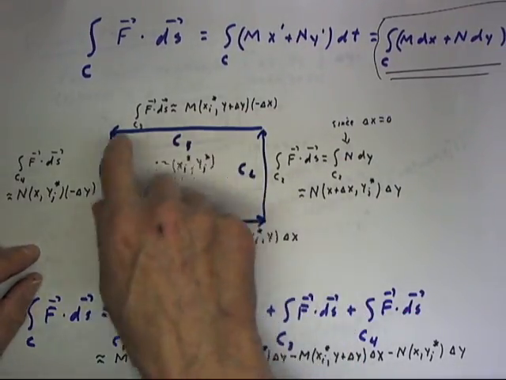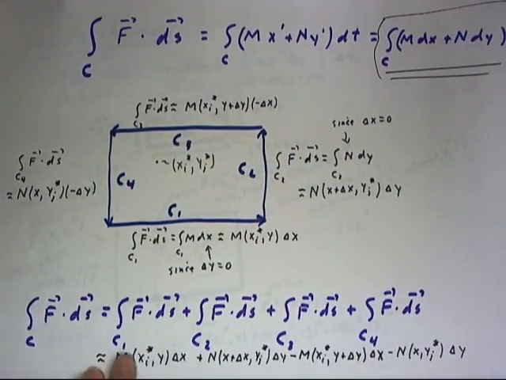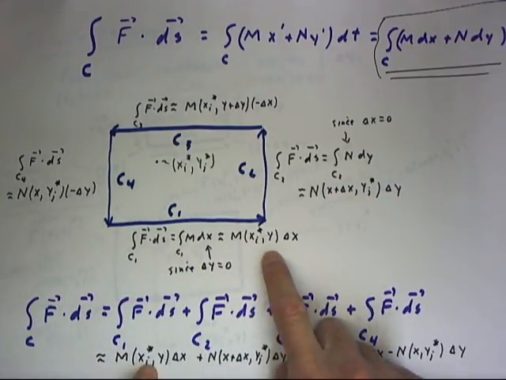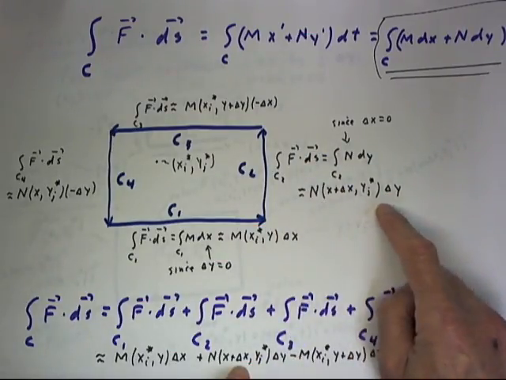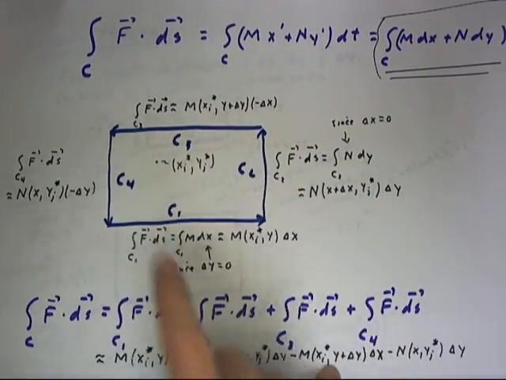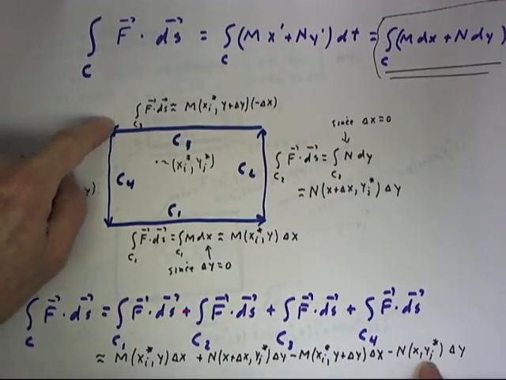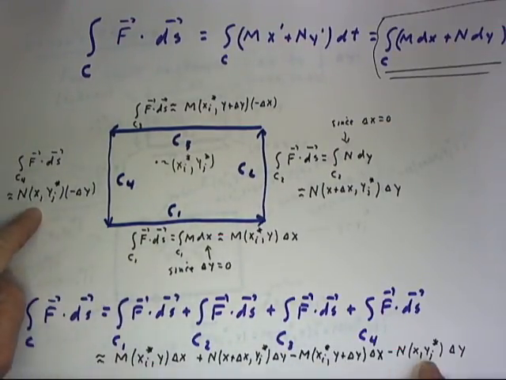Using these approximations, we can write down our approximations to the integral of f dot ds over the curve. And here we just have the expression for C1, the expression for the integral over C2, the expression for the integral over C3, the expression for the integral over C4.